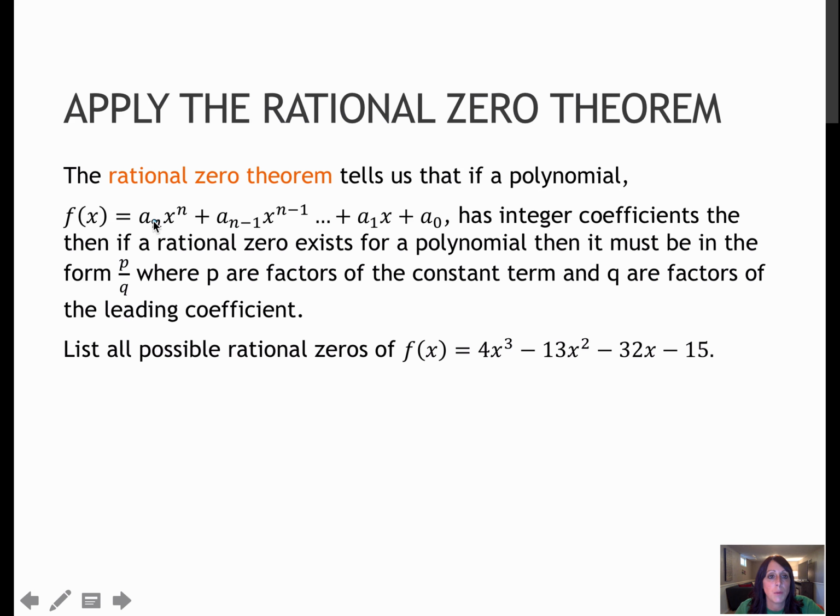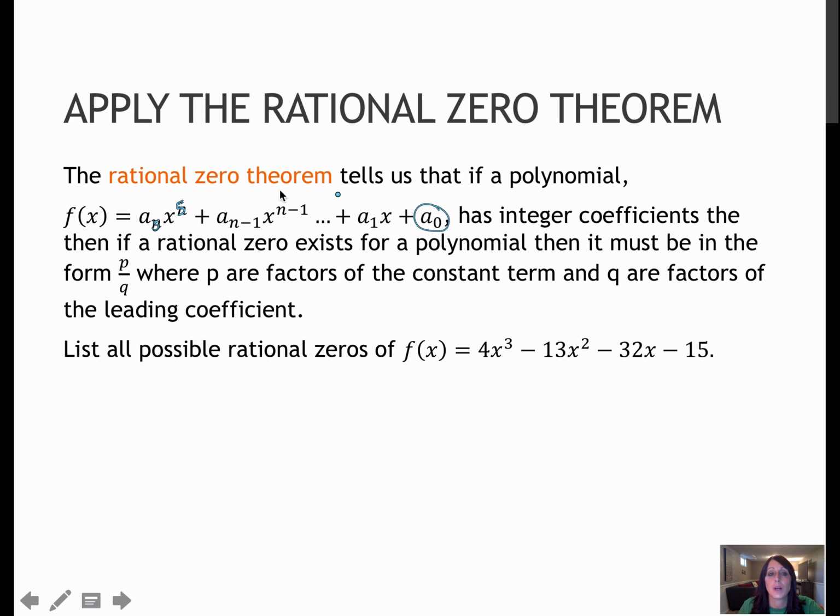So this would be a sub 5, which just means the coefficient in front of your x to the fifth term, etc. So what we're really concerned about here is our polynomial in the correct standard form, meaning that notice it's decreasing by 1, and at the end we don't even have an x anymore, we just have a constant. That's what we're looking for.